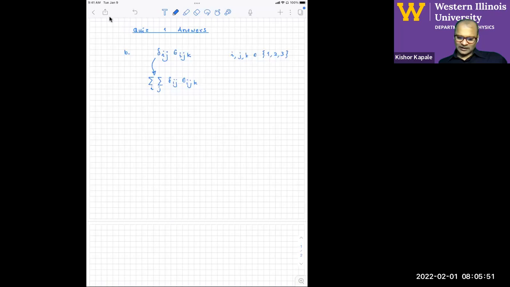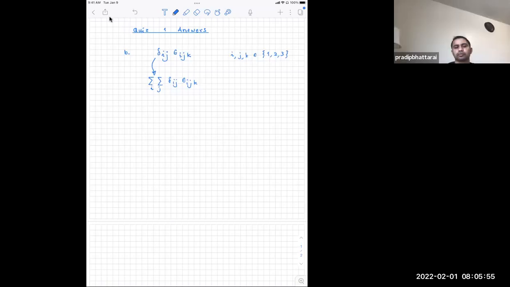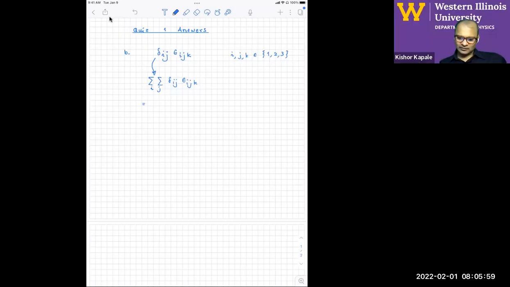And so let's think about this. Let's just write down, there would be 9 terms, but I can write some of them, right? So I'm going to start with i being 1, 2, 3. So I'm going to write delta 1j epsilon 1jk. And the sum over j is still there.